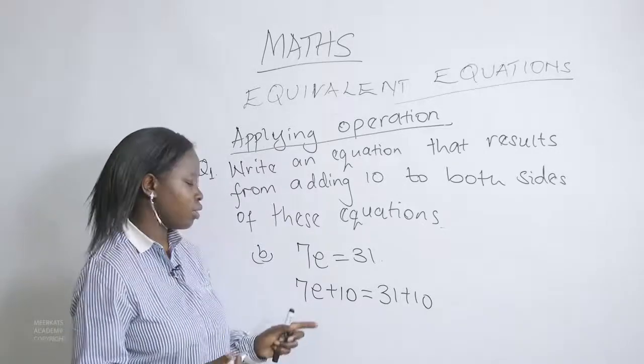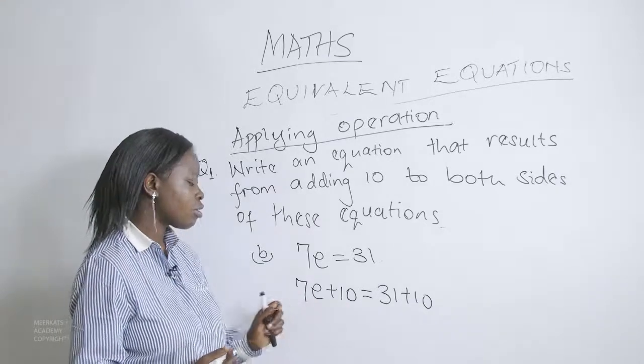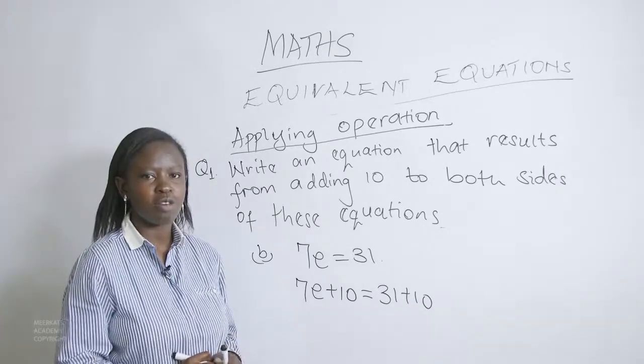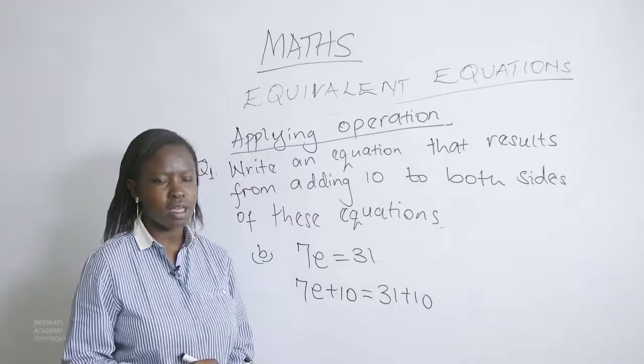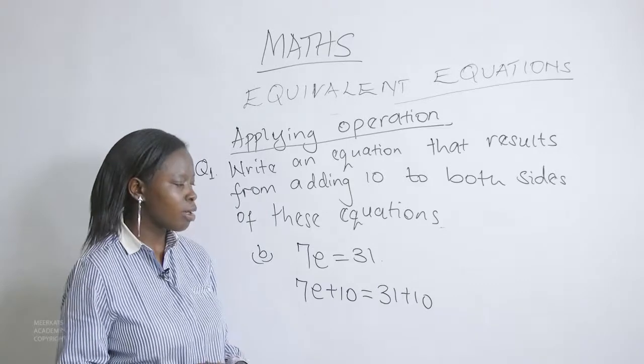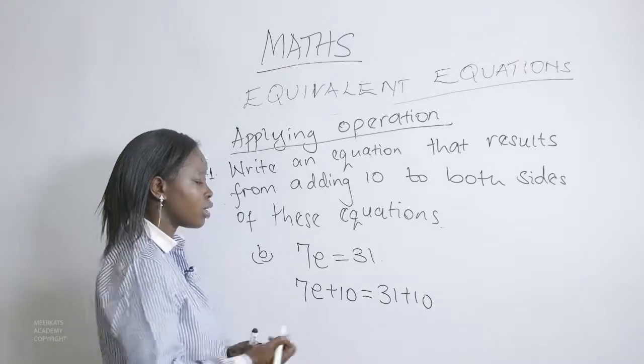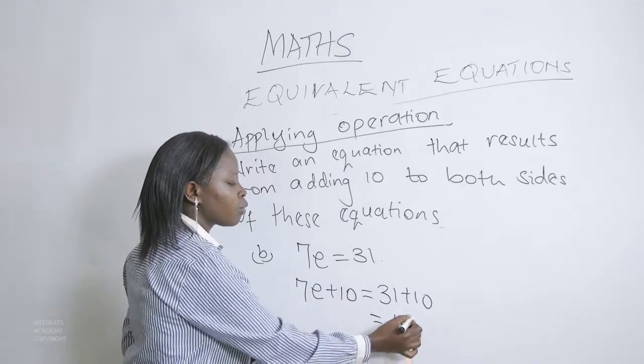on the left hand side the numbers are unlike terms, so they cannot be simplified further. But on the right hand side I have 31 plus 10, which are like terms and can be simplified, and 31 plus 10 will give us 41.